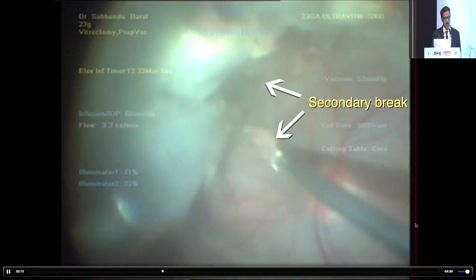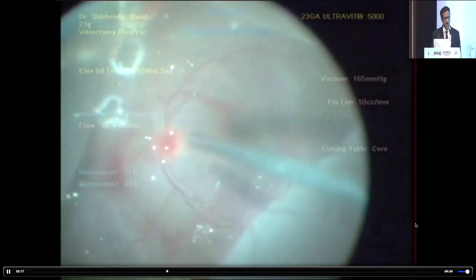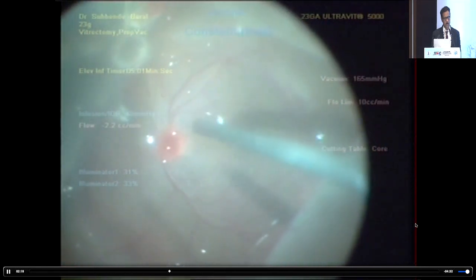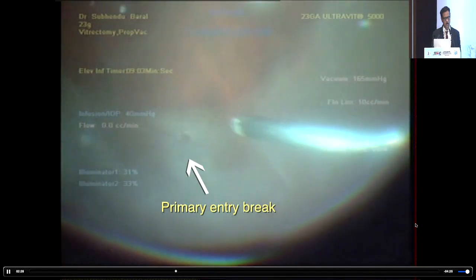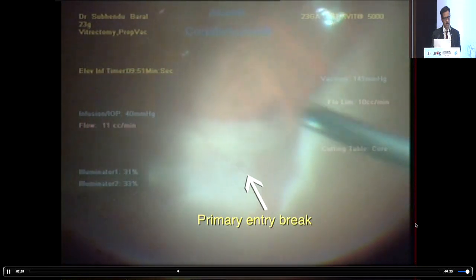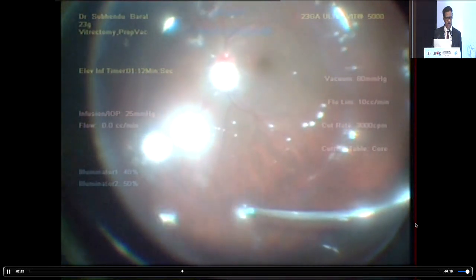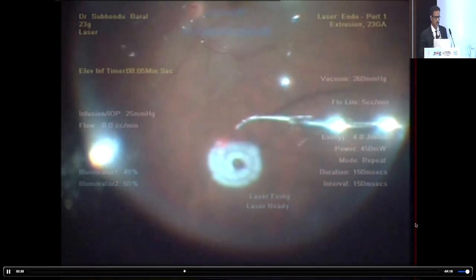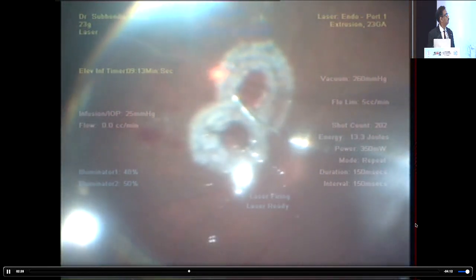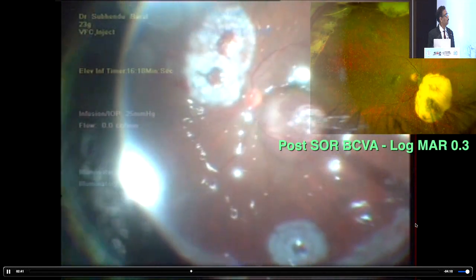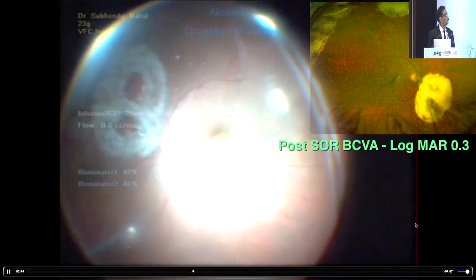Multiple breaks near the disc detected, PFCL injected, a superior entry site detected, secondary breaks as well as the primary entry break were barricaded with laser and ensured with silicone oil tamponade.